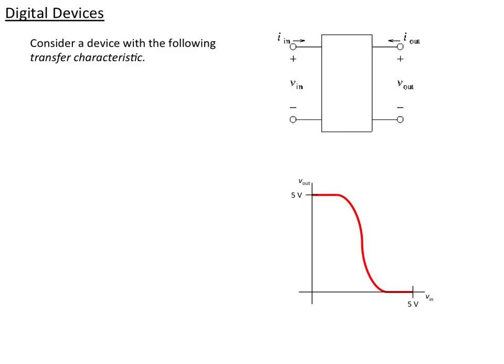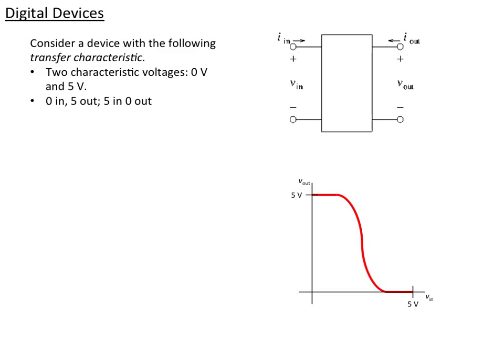And imagine that this device has this transfer characteristic in that you put this voltage in, so this voltage goes along the x-axis, and the voltage that comes out is on the y-axis, that's over here. So this device has two characteristic voltages, a ground voltage, or 0 coming out, and 5 volts as the high side.